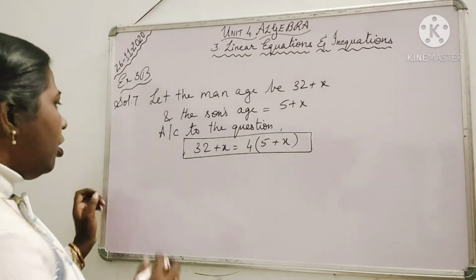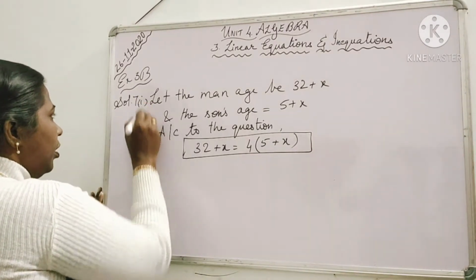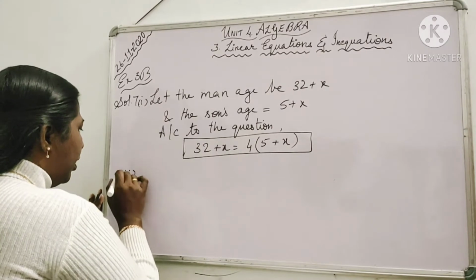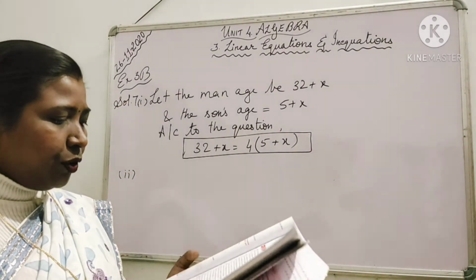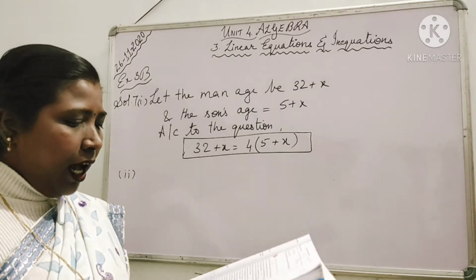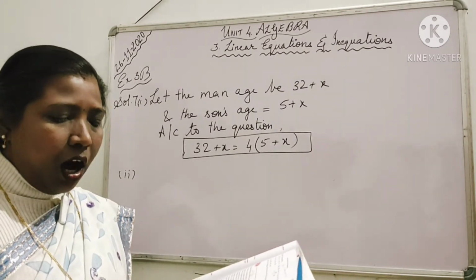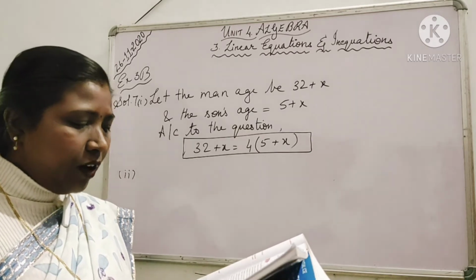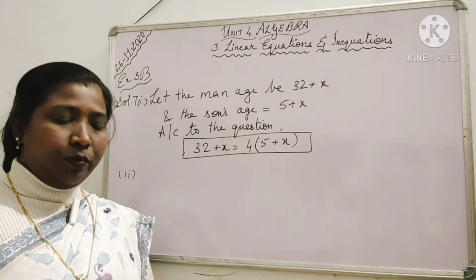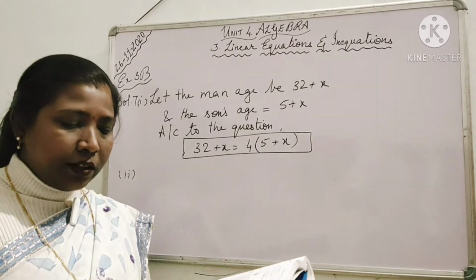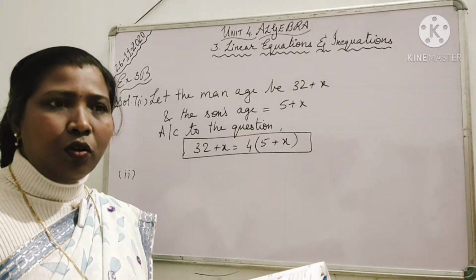Okay, students, this was the first question and we will move to the second one. A man is 42 years old and his son is 12 years old. How many years ago was the father's age 6 times that of the son? Now, years ago means that was already over.